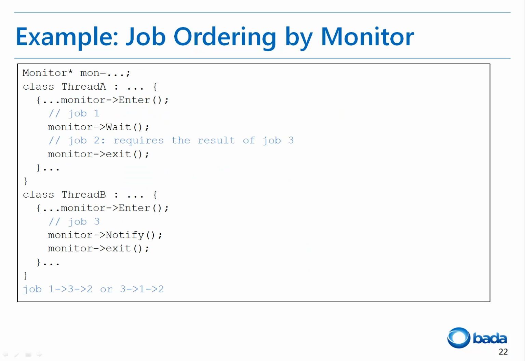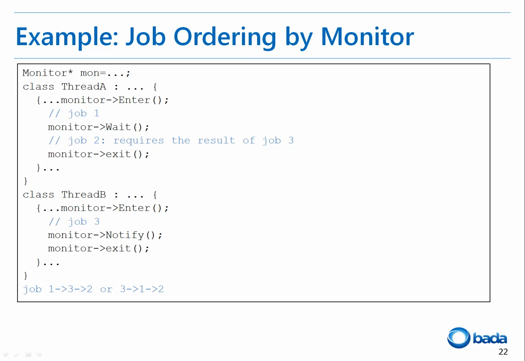This example shows you how to order jobs using the monitor. As you can see, thread A performs jobs 1 and 2, and thread B performs job 3. At this time, if job 2 in thread A is to be performed only after job 3 of thread B is performed, thread A can call the Wait function for the monitor after the completion of job 1.